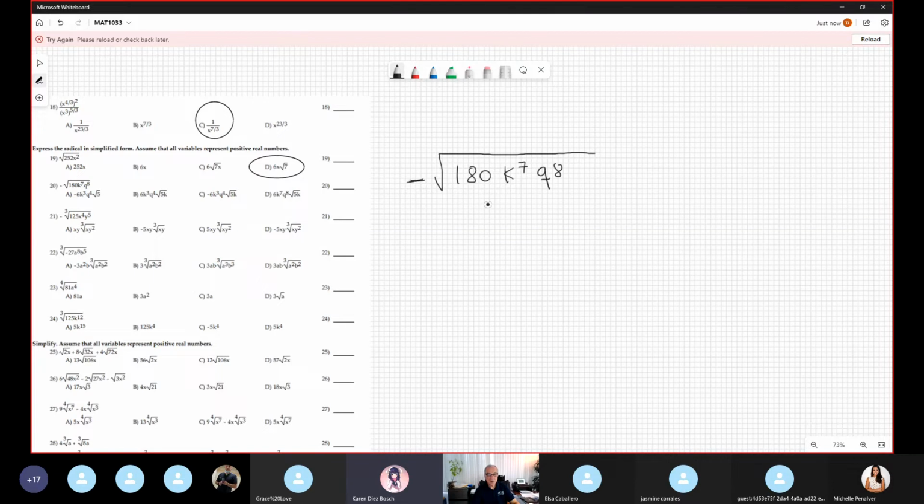This negative is put here pretty much to confuse you. But you need to be careful, you need to be aware. This negative outside is like a -1, and that's it. So you ignore this negative, you solve the problem, and finally you put the negative in the final answer. But it's okay.